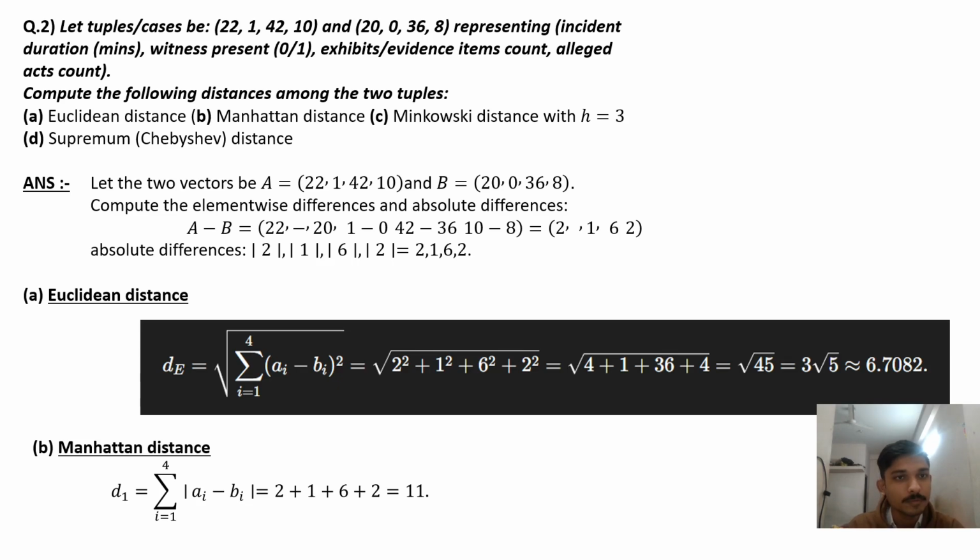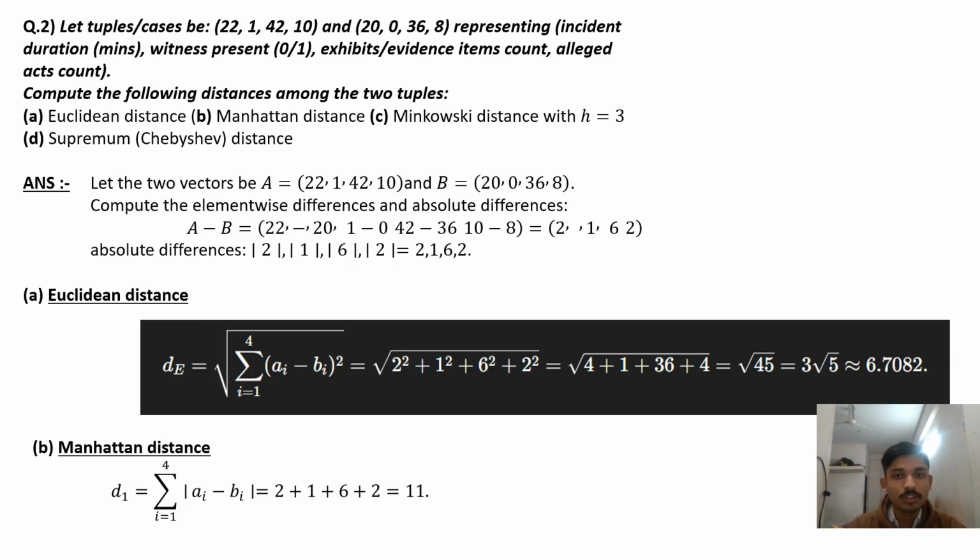The second question: we are given these tuples representing incident duration in minutes, witness present 0 or 1, exhibits evidence, items count, alleged actor. We have to compute the distances using Euclidean, Manhattan, Minkowski with h equals 3, and supremum distance.